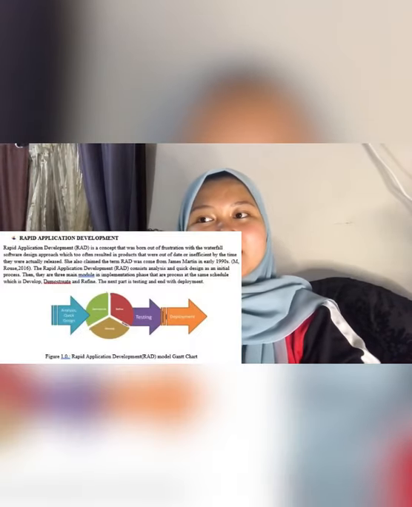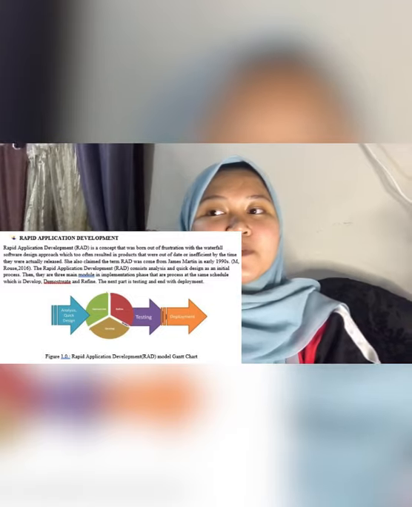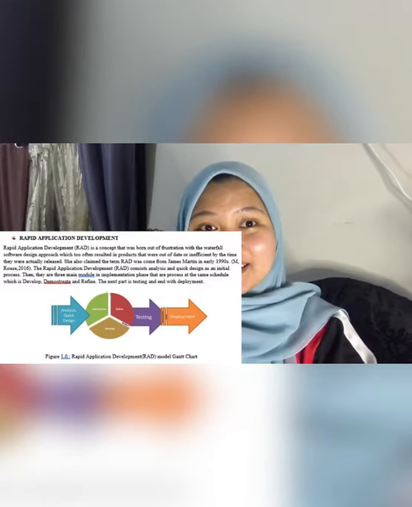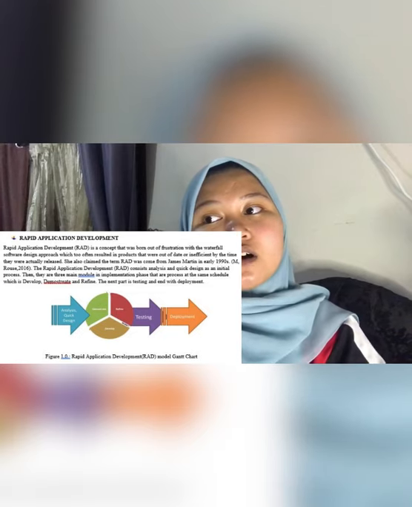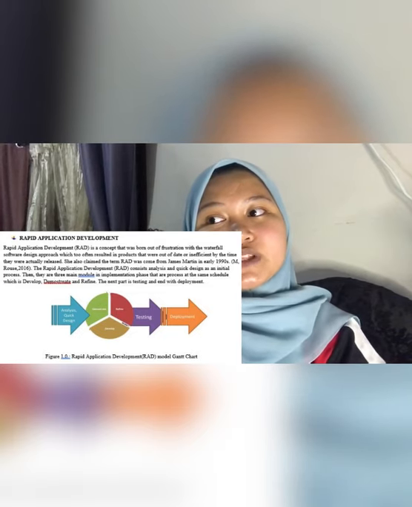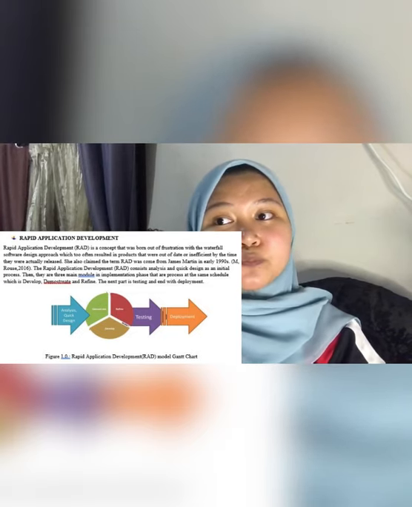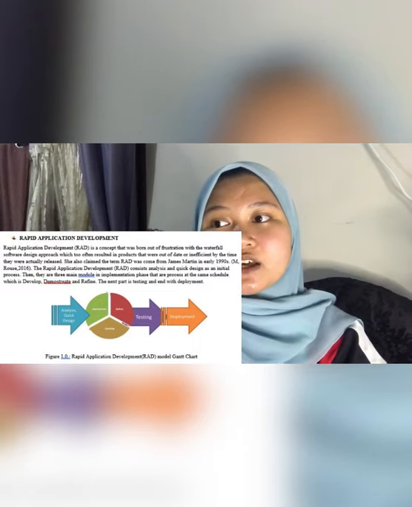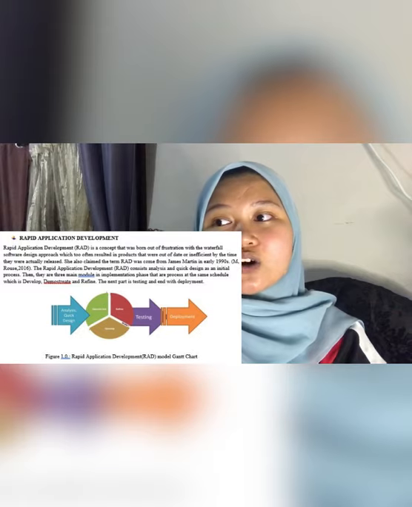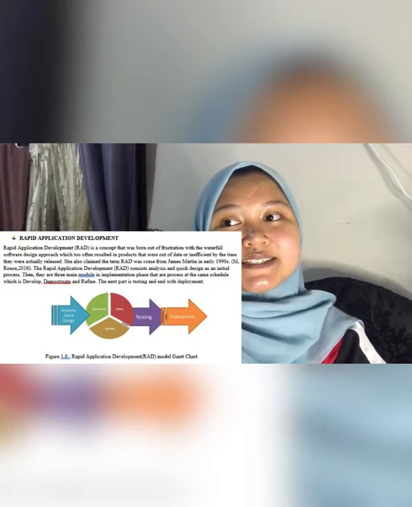Next, rapid application development. Rapid Application Development, or RAD, is a concept that was born out of frustration with the waterfall software design approach, which too often resulted in products that were out of date or obsolete by the time they were actually released.